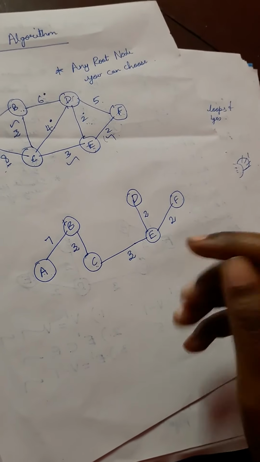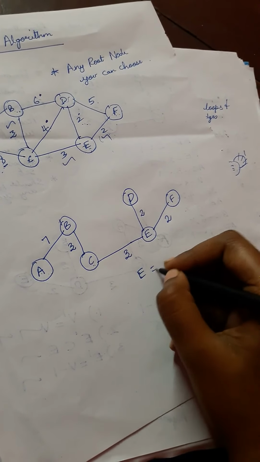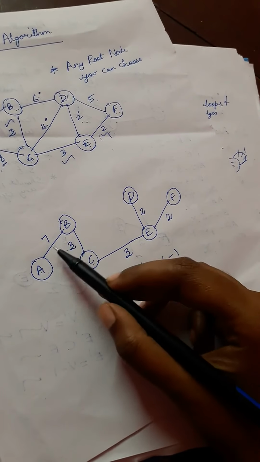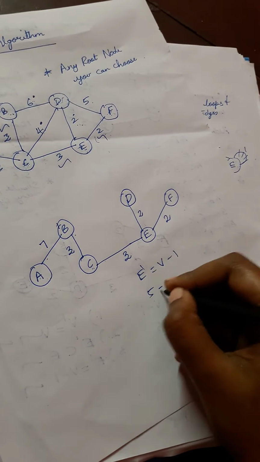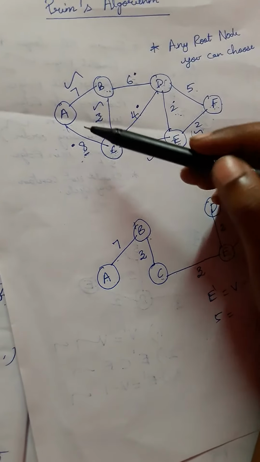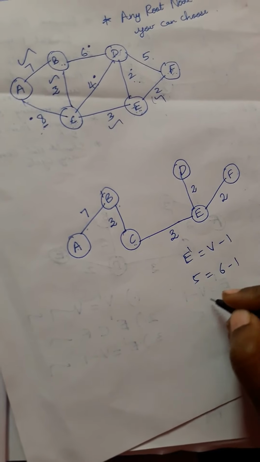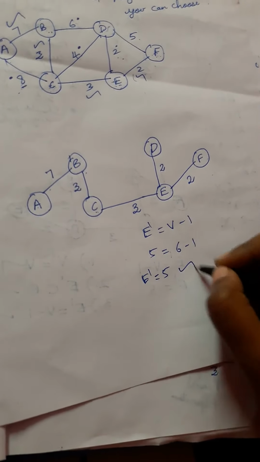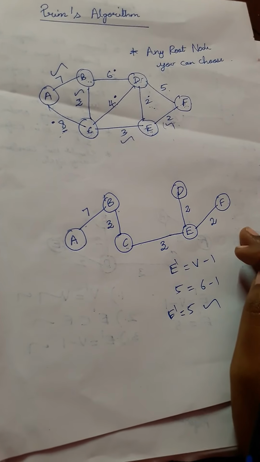Now we will check the formula. How many edges should we have? Edges is equal to V minus 1. In this diagram we have 1, 2, 3, 4 and 5 edges. How many vertices are in this graph? 1, 2, 3, 4, 5, 6. So 6 minus 1 is equal to 5, and E is equal to 5, so the condition is satisfied. That is how we calculate for Prim's algorithm.